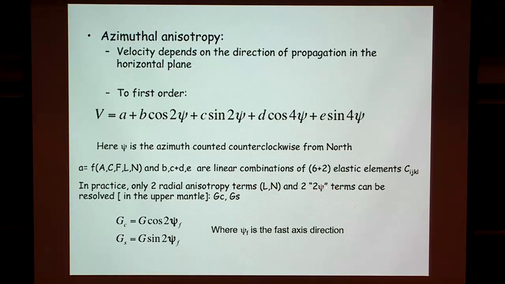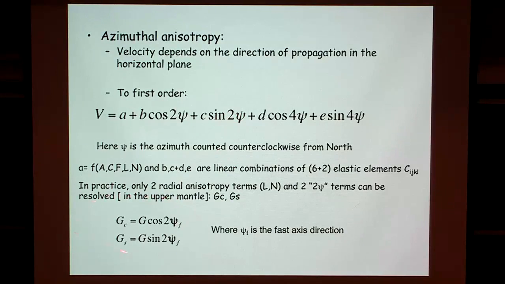And then 2 of the 2-psi terms can be resolved if you think in terms of upper mantle structure, which are called GC and GS. This is just a convention. And this GC multiplies the cosine 2 psi, and GS multiplies the sine 2 psi.